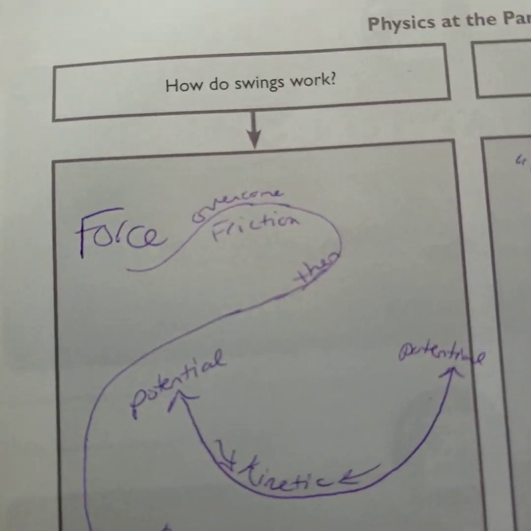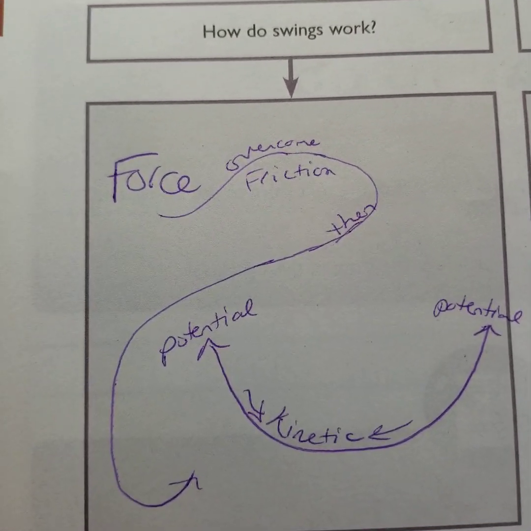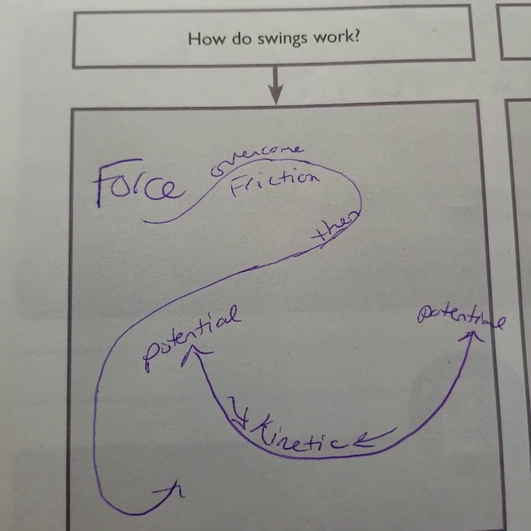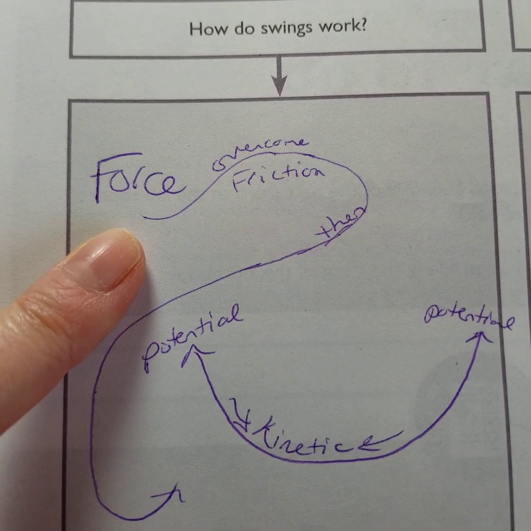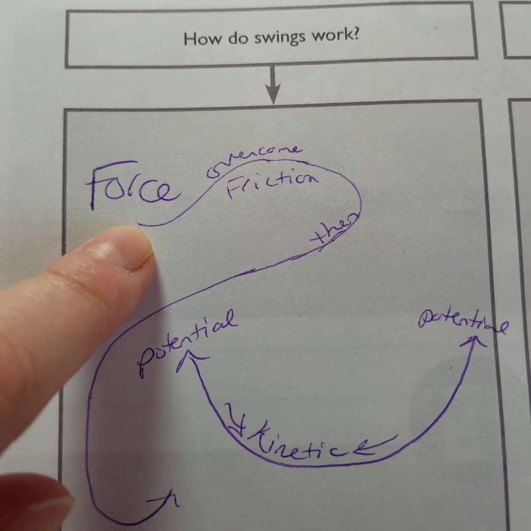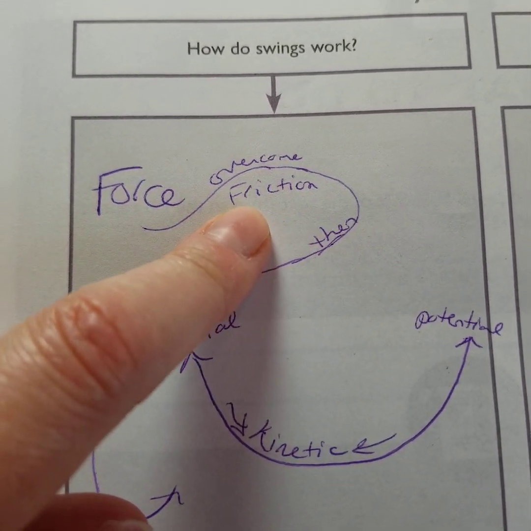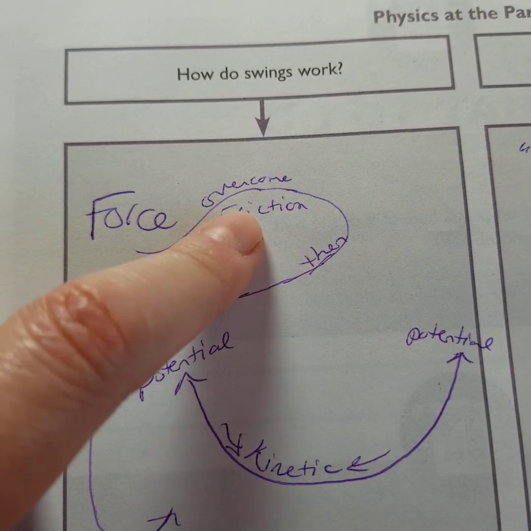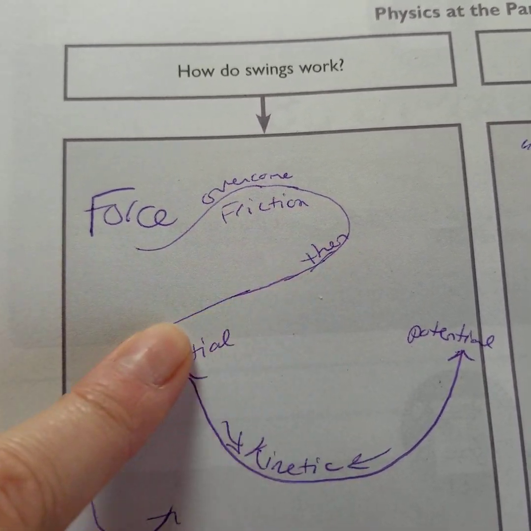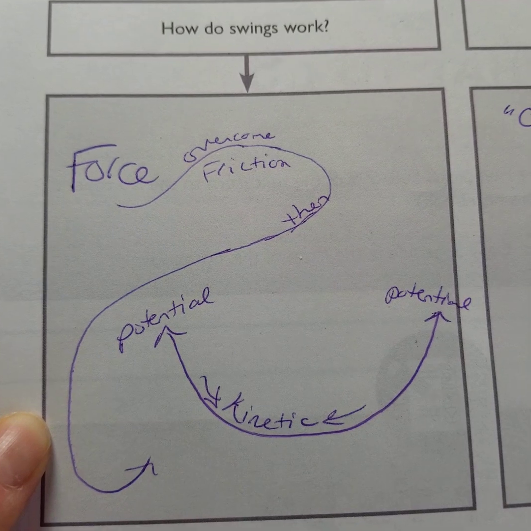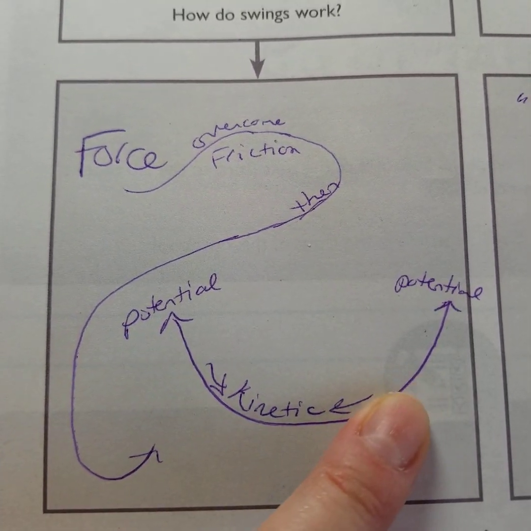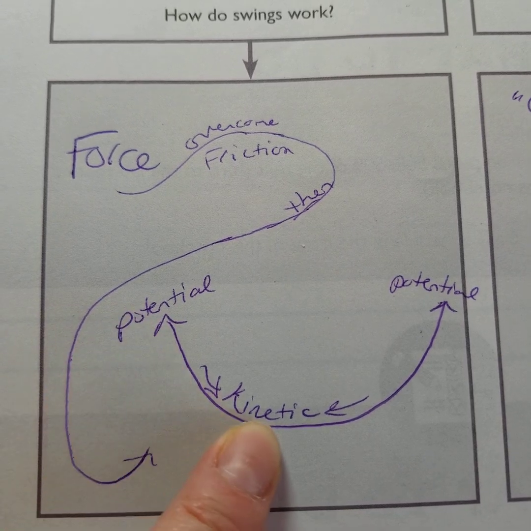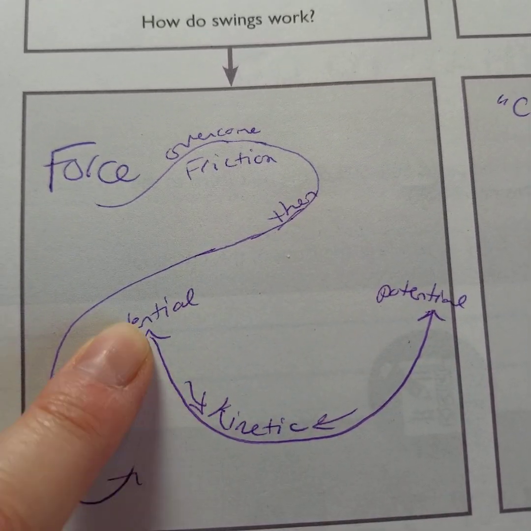How do swings work? Well, this is biophysics. When you either get pushed on a swing or you push yourself, you are overcoming the friction of gravity and just sitting there not moving. And so you got the movement going, and then you've got potential energy and kinetic energy, and you're going back and forth between them.